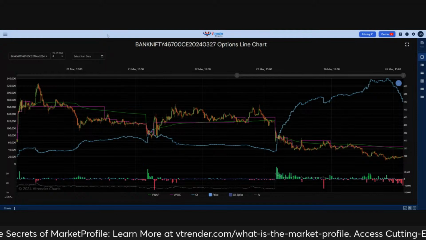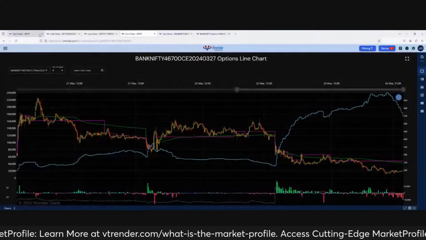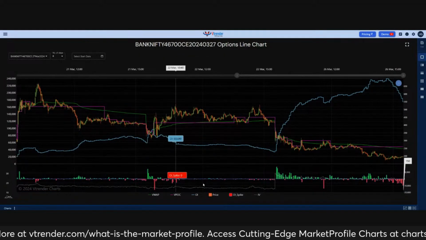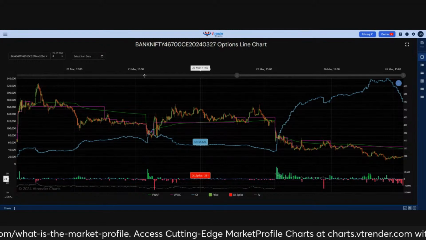Bank Nifty expiry I did explain. I'll quickly go to that spot chart.